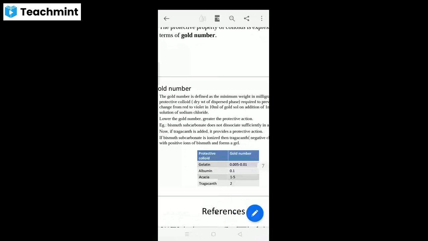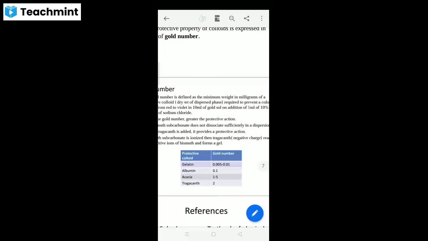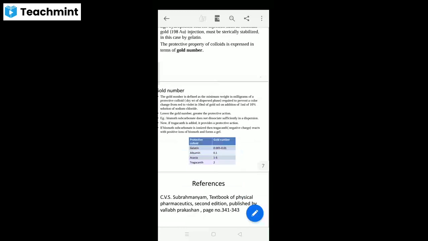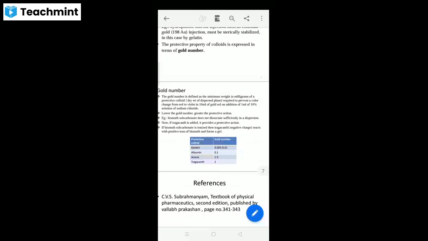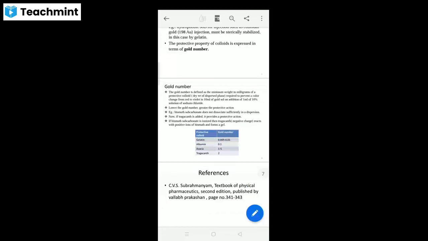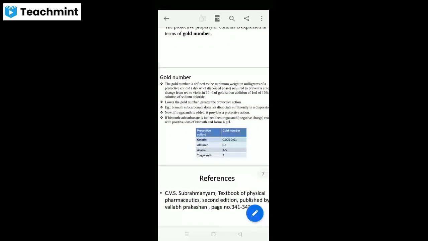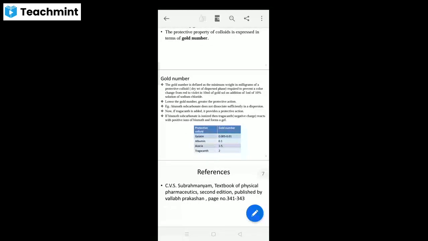Dry weight of dispersed phase. Later we'll see. It is a particular quantity of weight which is required to prevent a color change from red to violet.